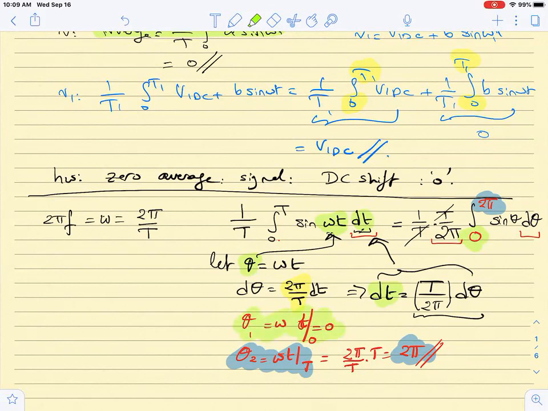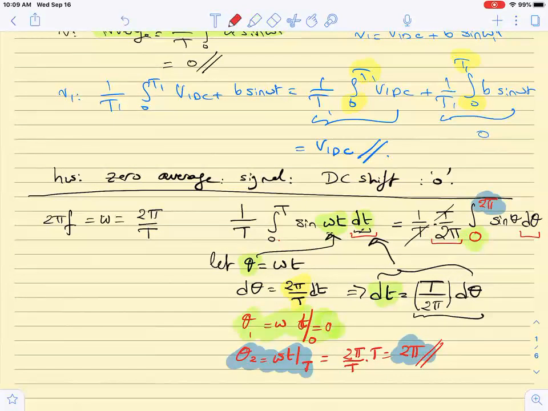Okay, is this clear? Sorry, yes. So if we used it in the homework, it doesn't affect you, it's not wrong. If you used the theta equation it is fine. You're just integrating, right? So the integral of the sine between 0 and 2 pi.